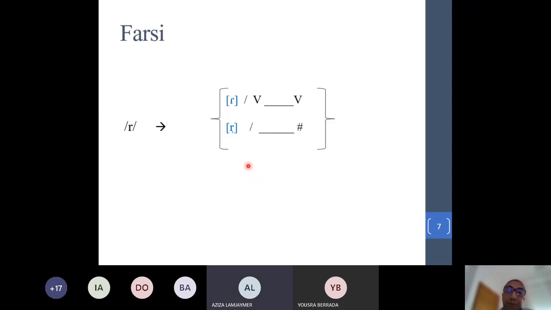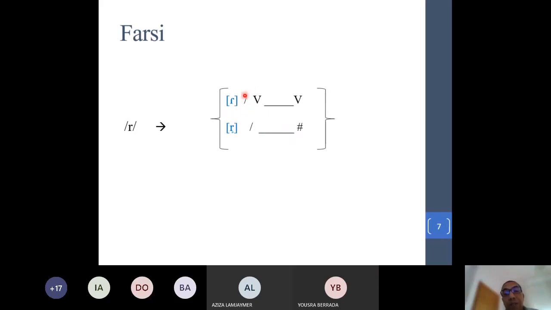In this slide, we now try to express, to formalize the change. We are saying here that the phoneme r is realized in Farsi either as a tap when it occurs between two vowels, or as a devoiced variant when it occurs word finally.